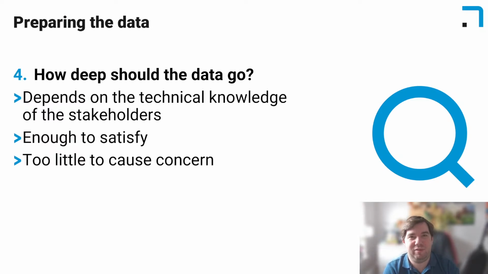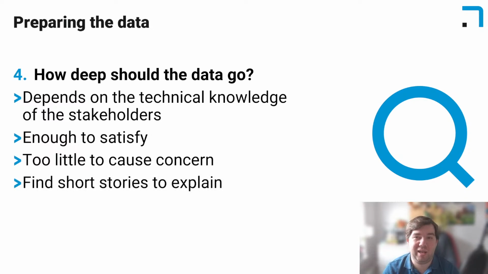But give them enough information that they can follow along, they can understand where you're coming from, how you're testing. And I find the easiest way to do that is to look and find some short stories. Not to flex your creative writing, of course, but to find stories that relate to the data and can explain how the data has been obtained or what happened to cause this bit of data.